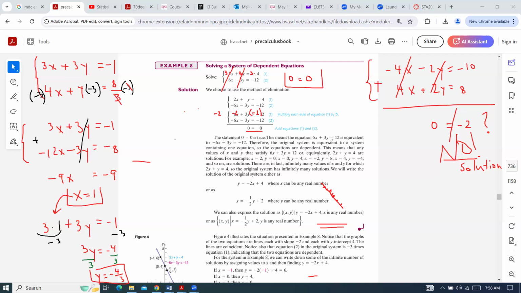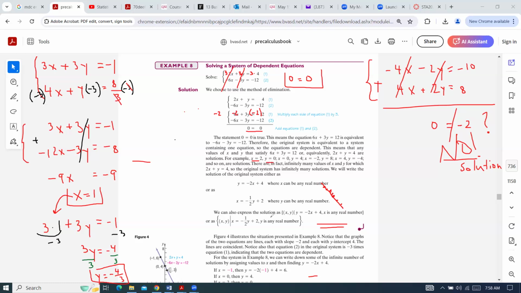What does it mean? Well, it means that whenever you have a point on the first line, it's going to be the same exact point on the second line, so they cancel. So that's why we have infinite solutions, and that's what they're trying to explain here. They say, for example, when x is 2, then y is 0.